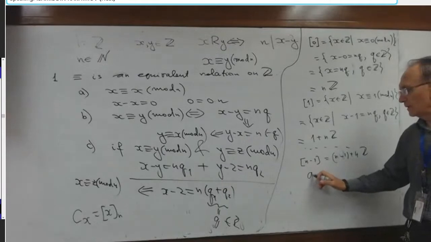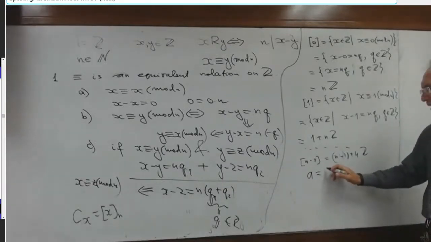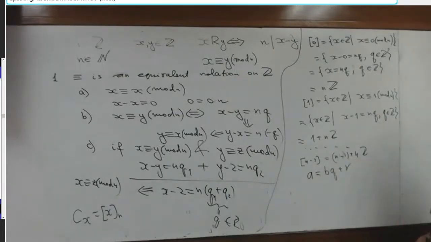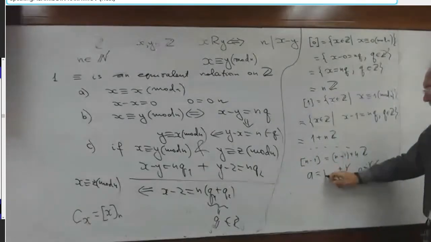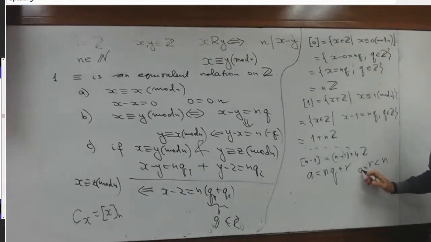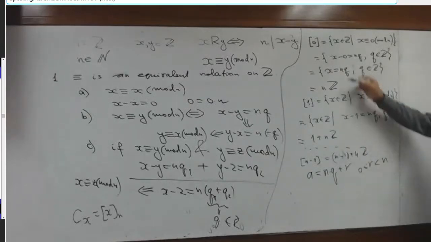Because you have the division algorithm in Z: for A and B, you can write A as BQ plus R. Let me write N here: A equals NQ plus R, where R is between 0 and N. This R may be 0, 1, 2, 3, and until N minus 1.